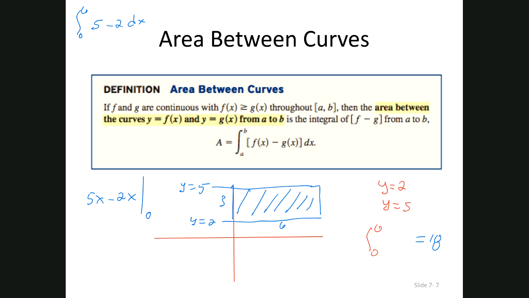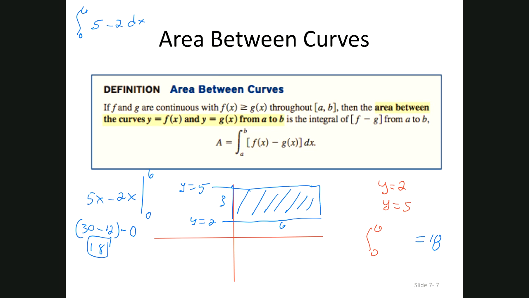Plug 6 in: 5 times 6 is 30, minus 2 times 6, which is 12, minus what I get putting 0 in, which is just 0. So 30 minus 12, lo and behold, that's 18.